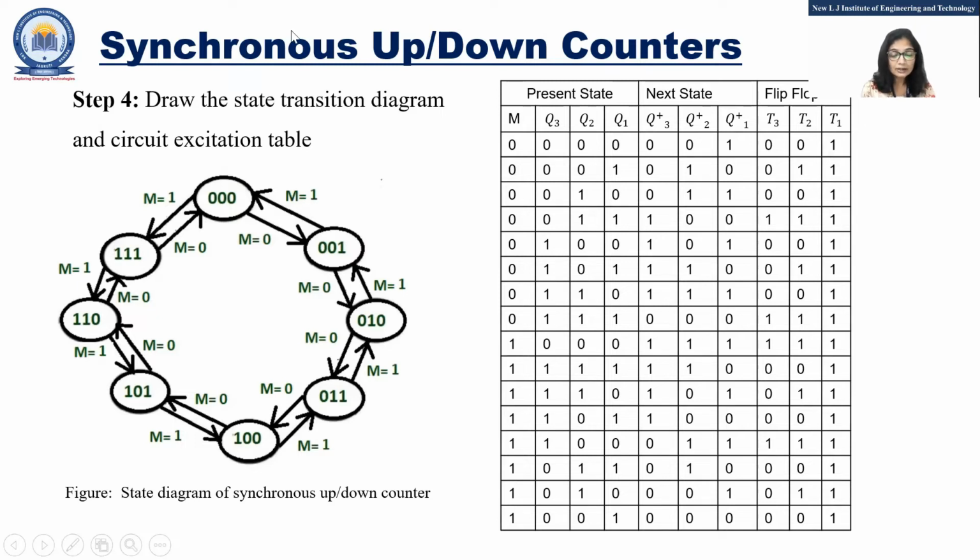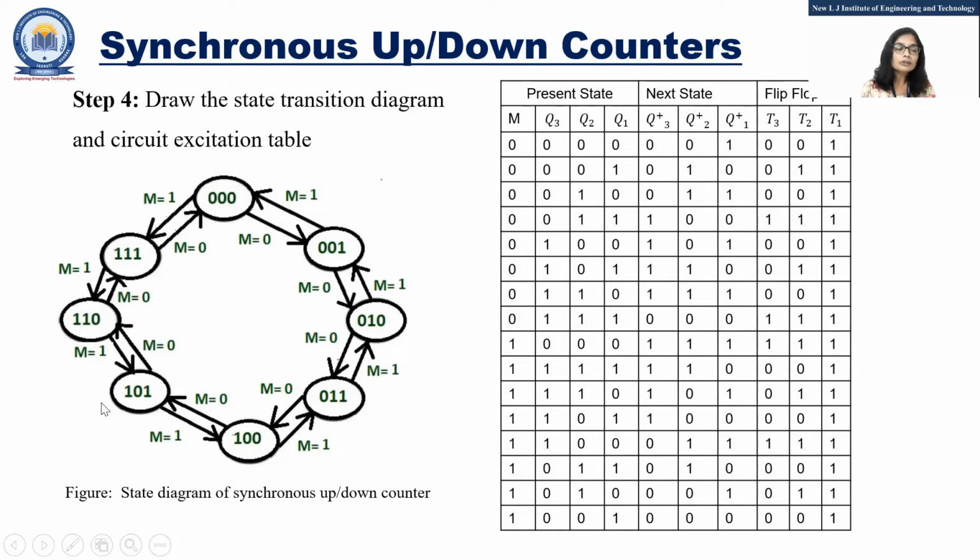You can see here, we are using up and down counter in one circuit. That's why in the state diagram, we can move in the forward direction as well as in the reverse direction. If we are moving in the forward direction, counting will start from 000, then 001, 010, means 0, 1, 2, 3, up to 7, when M is equal to 0.